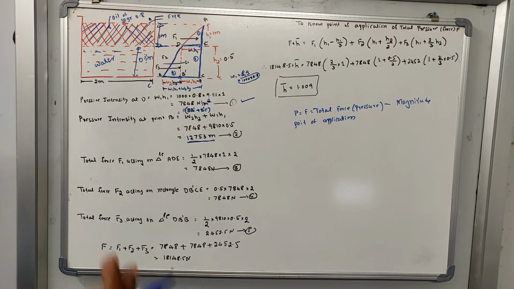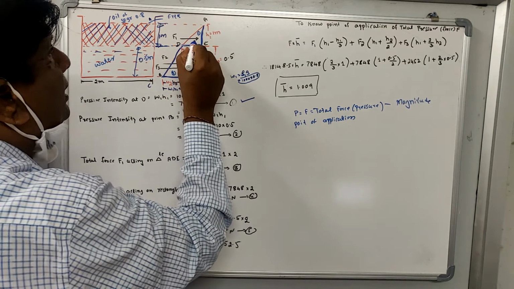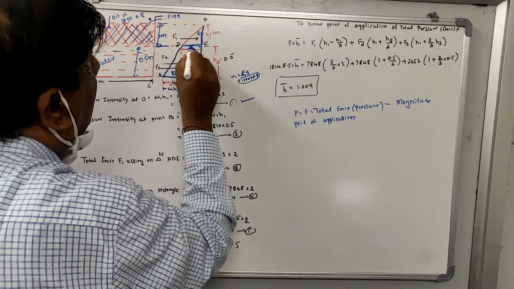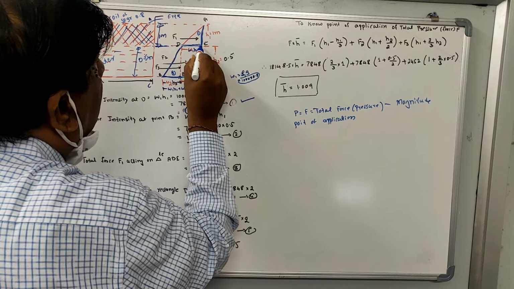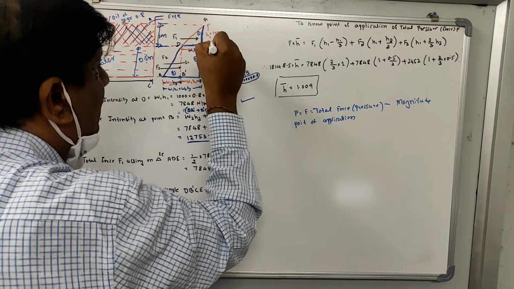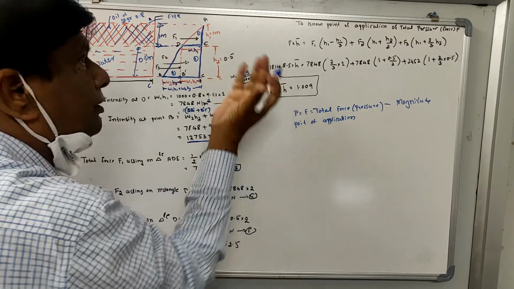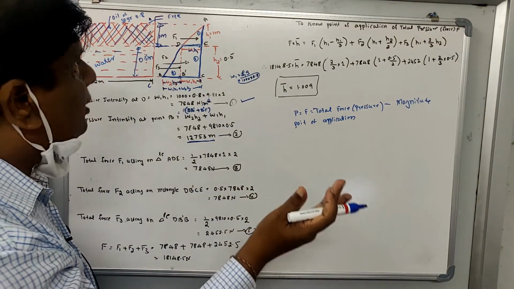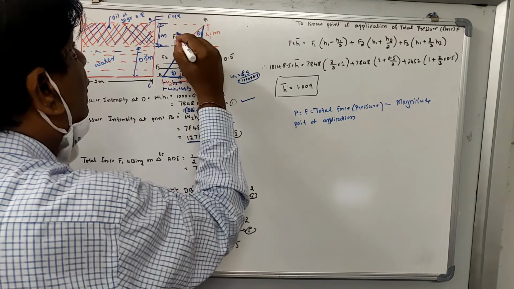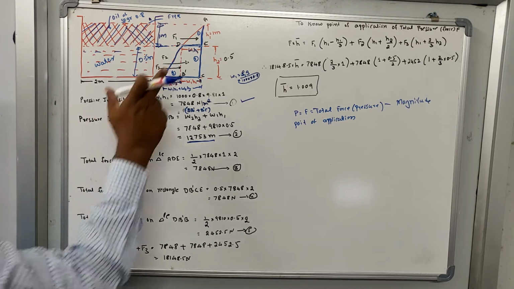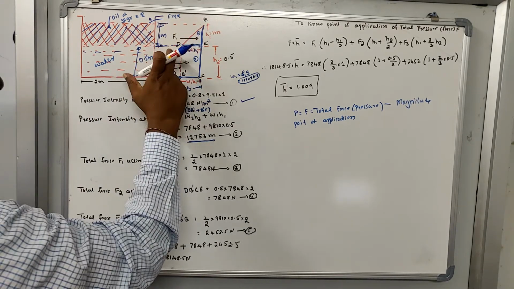What is the volume? Volume is the area of this triangle, half W1H1 multiplied by H1, multiplied by the width, and that gives you the volume. You multiply it by the unit weight of oil, so that gives you the total force F1. Okay, now let us consider the triangle ADE.